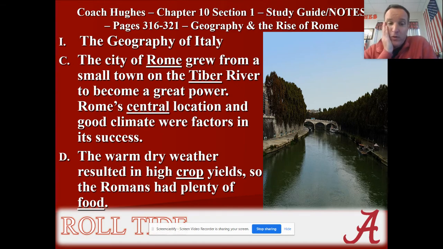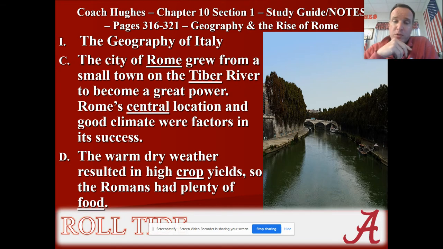A lot of people credit the climate for the development of Rome, the Roman Republic, and eventually the Roman Empire. If you want to think of a climate similar in today's world, what can I relate Rome and Italy to?